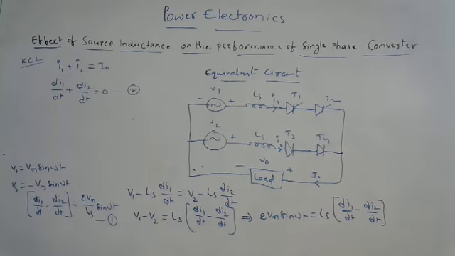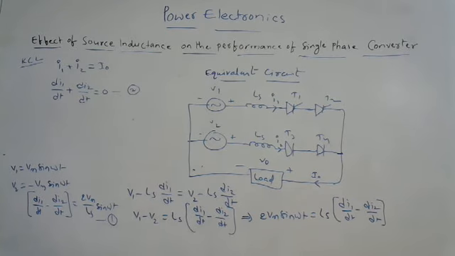There are two variables and we have two equations. Then we can get the equations for di1 of dt and di2 of dt. We will take the equations directly.